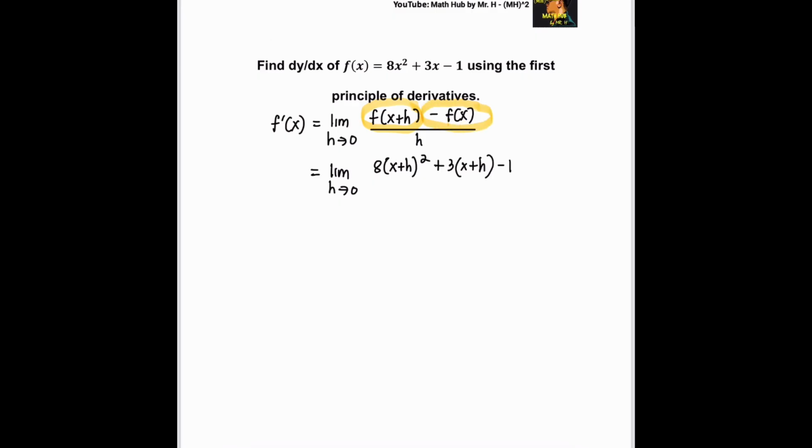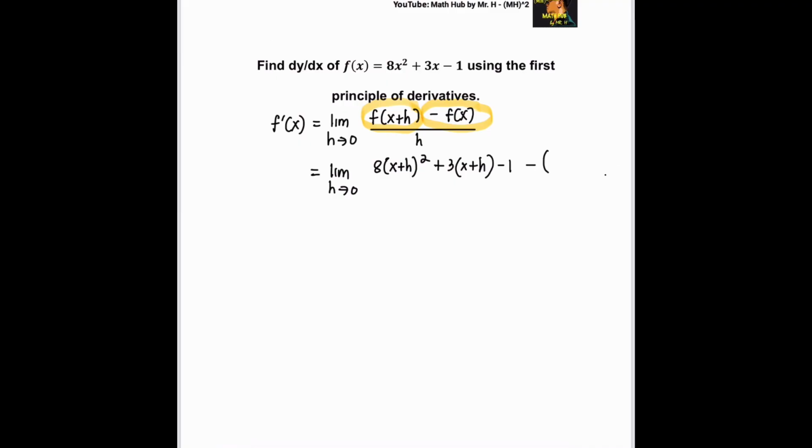So f of x is actually the original function or the given function. So basically we just copy the minus sign there, and we also copy the given function, which is 8x squared plus 3x minus 1. But be careful, you need to put them in the bracket because the operation here is subtraction.